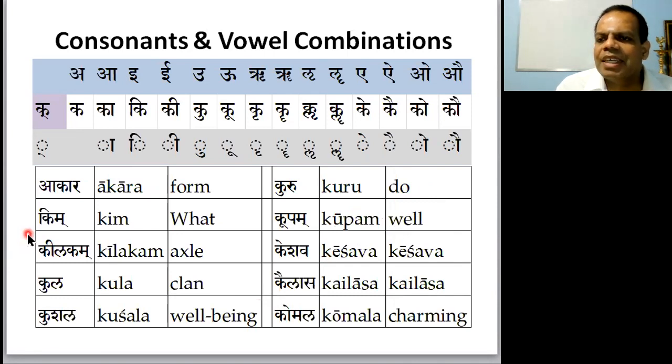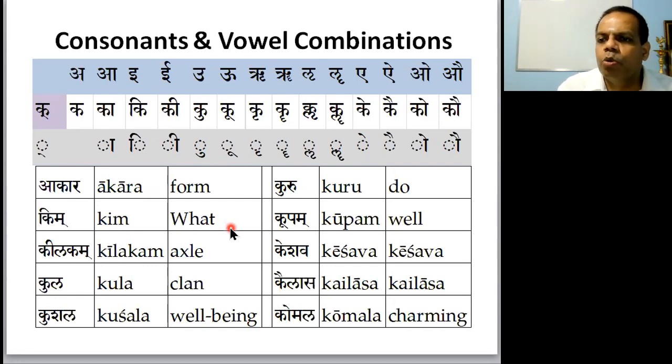The next word here is Kim. Ki, as you can see, it is ki here. Kim means, it's used in many different ways. Kim, and I will just put one meaning, which is what. The Kim can be used to question anything.